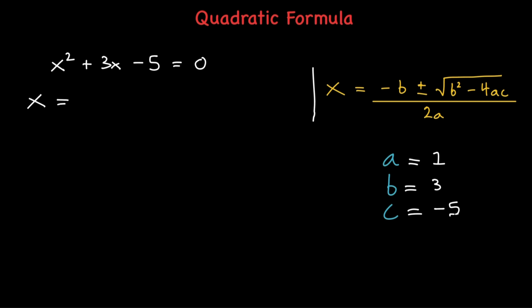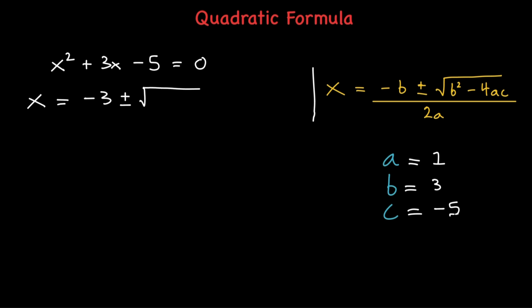So minus b, our value for b is 3, so minus b will be minus 3, plus or minus, and that represents the two possible values you can get, because as you can recall, whenever you have a quadratic expression or quadratic equation, you can get two values of x.